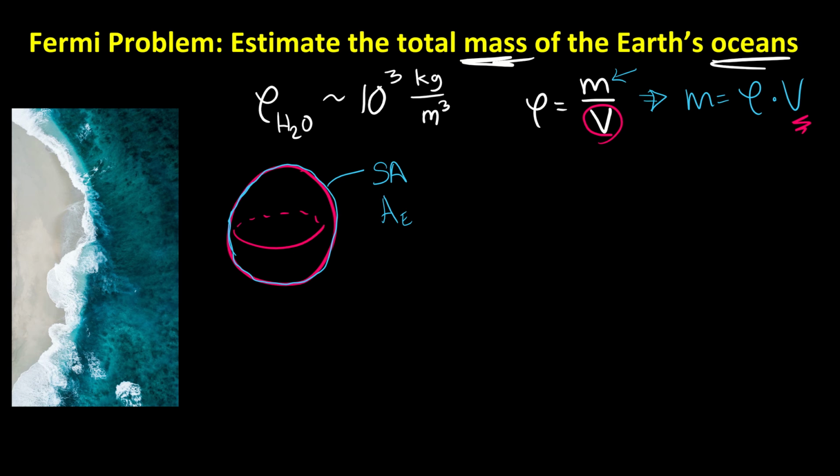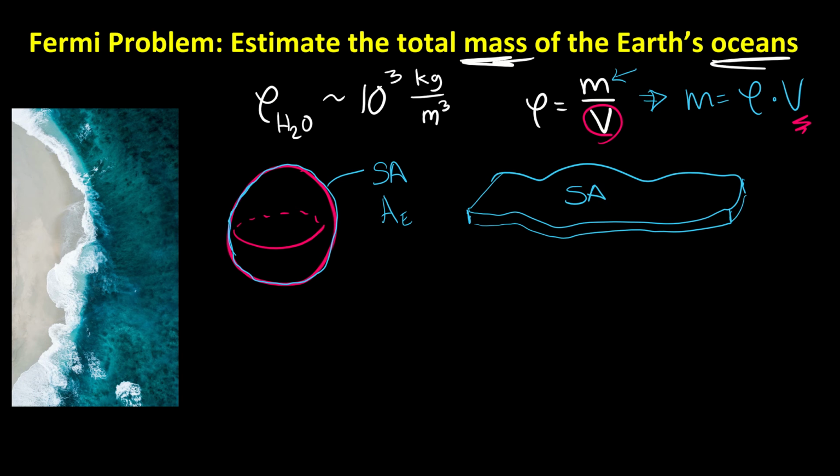It's hard to flatten that shape, but if we were to cut it up so that we could flatten it out, and then multiply by the depth of the oceans on average, we would end up with that volume that we're looking for. Okay, so my plan is to take the surface area of the Earth and multiply it by the depths of the oceans. Oh, I called surface area of the Earth A subscript E.